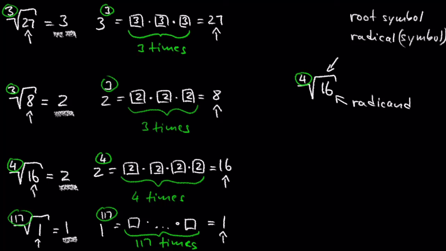The 4 is called the root index, or index. And the 2 is called the solution or root.